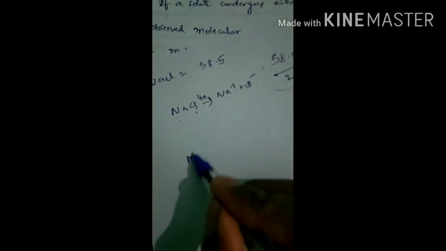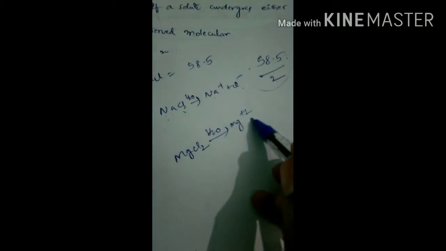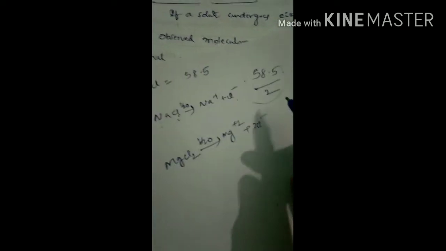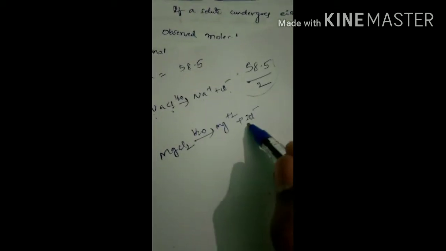This is the molecular weight of NaCl when it is present in water. One more example, take MgCl2. When it is present in water, we get Mg2+ and 2 Cl- ions.